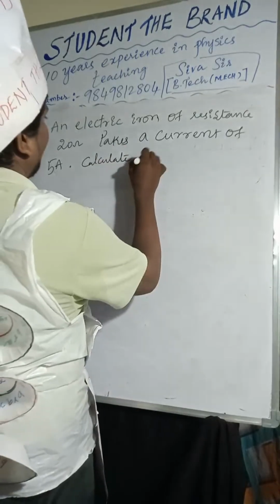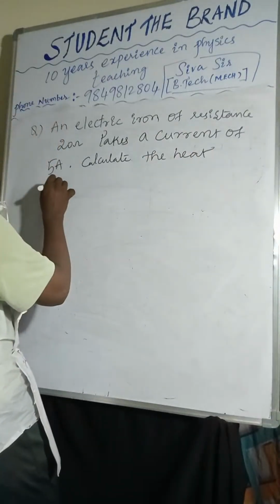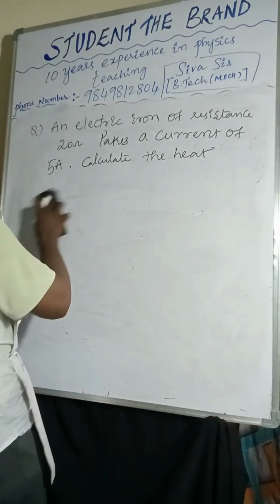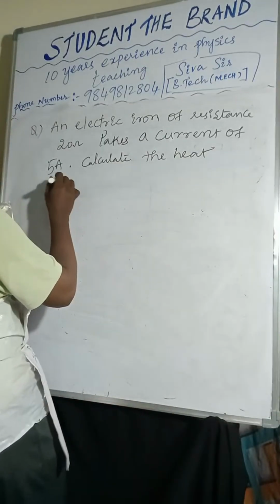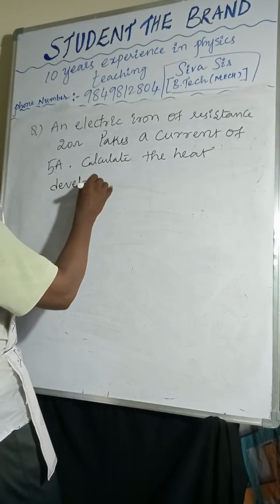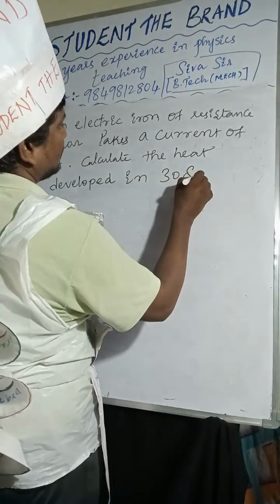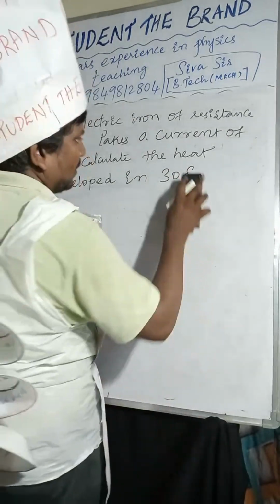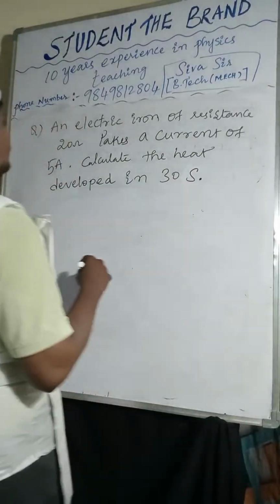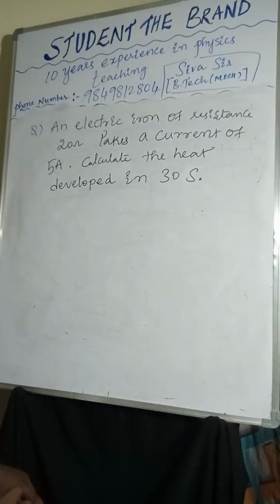Calculate the heat developed in 30 seconds. Okay, try to do it. Underline the question, what exactly is given. Try to solve it.